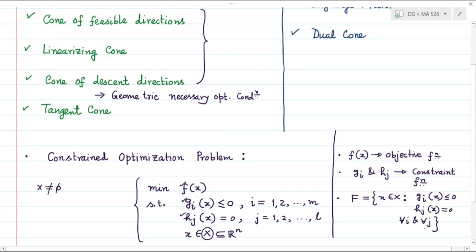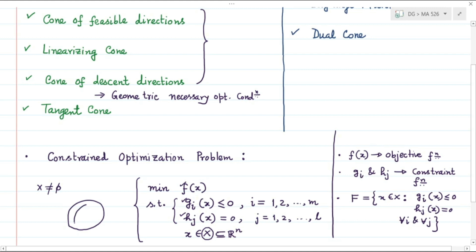That means all the constraints: the set of points for which g_i(x) is less than or equal to 0 and the set of all those points for which h_j(x) is equal to 0. These are the constraints. That means you are not unrestricted to lie inside your set X, but there are also restrictions of this kind.